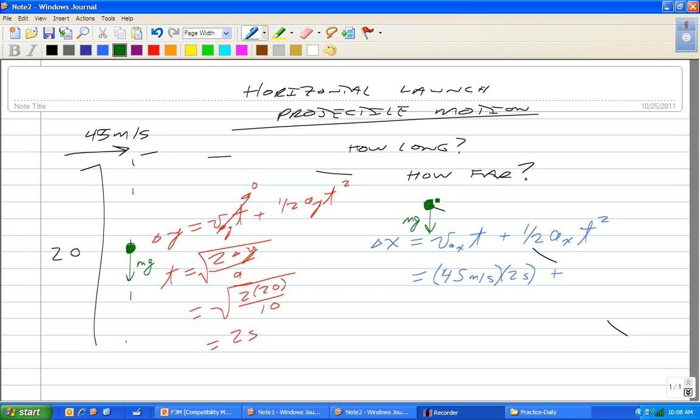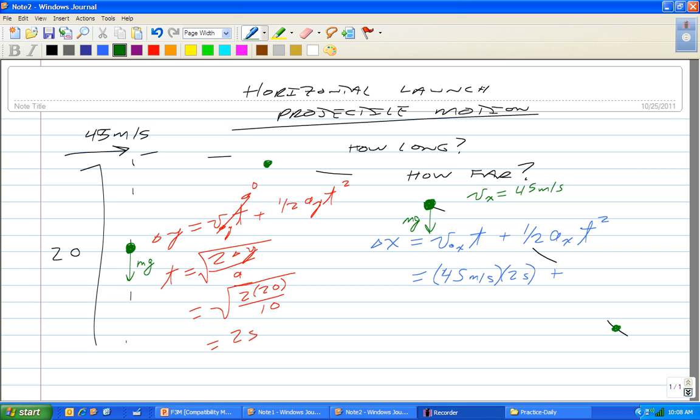So right here, how fast is it going horizontally? 45 meters per second. How fast is it moving to the right here?